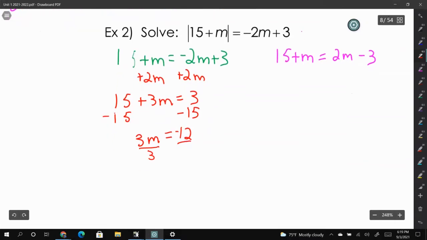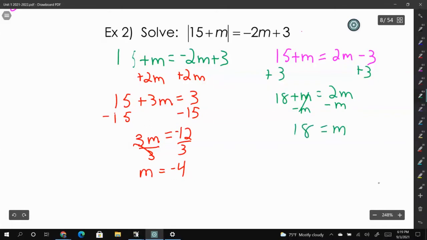Divide everything by 3. m equals -4. Then over here, we will add 3 to both sides. We get 18 plus m equals 2m. Subtract m from both sides. We get 18 equals m.